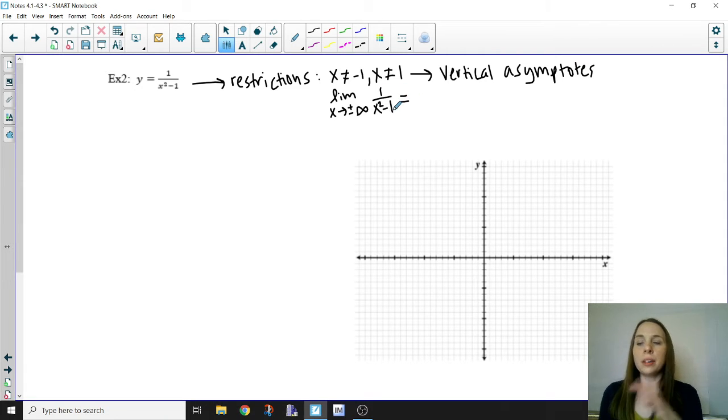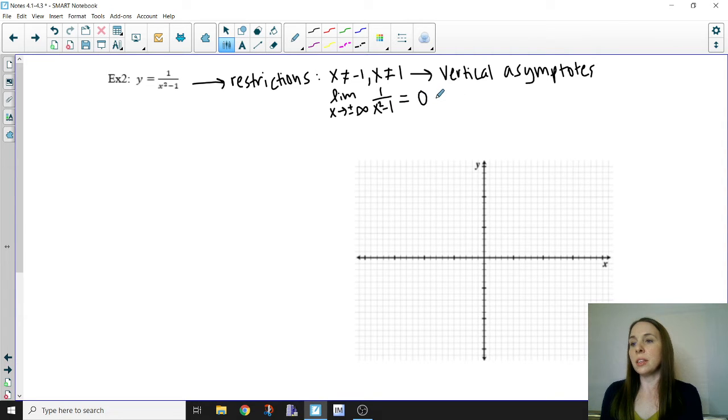I'm not going to spend too much time on this, but if I would make x bigger and bigger, like filling in numbers like 10 for x, 100 for x, 1,000 for x, and so on, you would find that you would get closer and closer to 0. The same would happen if you filled in numbers like -10, -100, -1,000. Because it's squared, you would still get numbers that are closer and closer to 0.